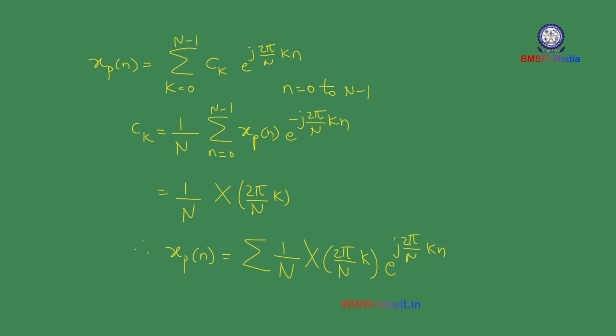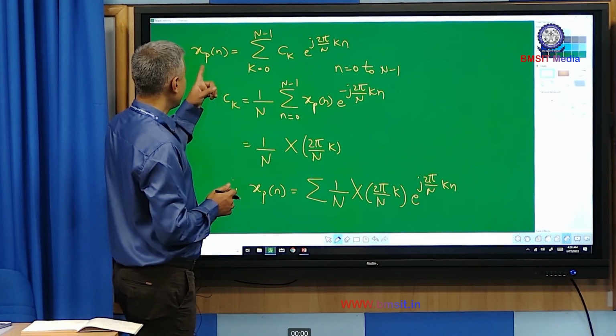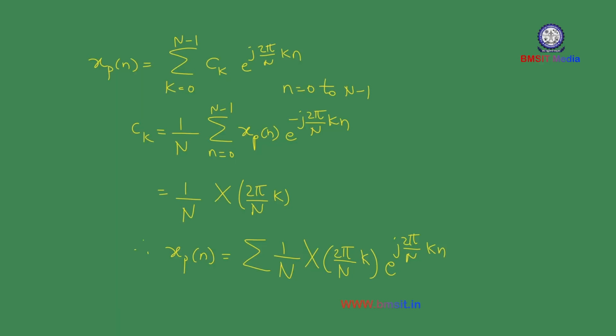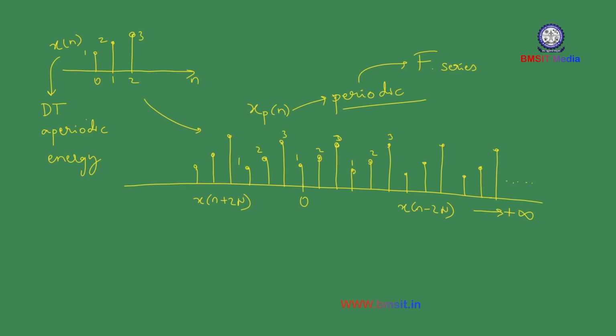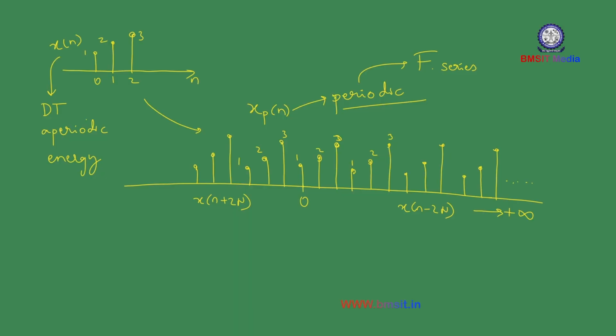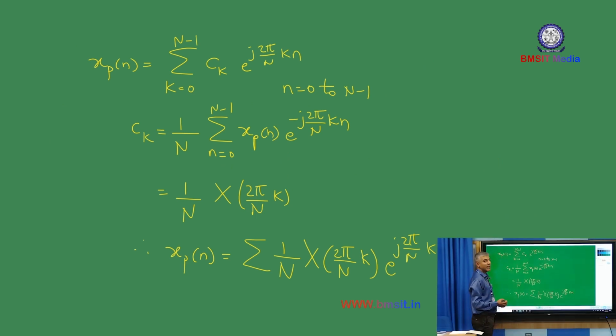On your screen you can see the representation of xp of n. This representation is possible because xp of n is a periodic repetition of x of n. Since it is a periodic representation, we can represent the whole thing as a Fourier series, where xp of n has been shown to be summation ck times e raised to j 2 pi by N kn.